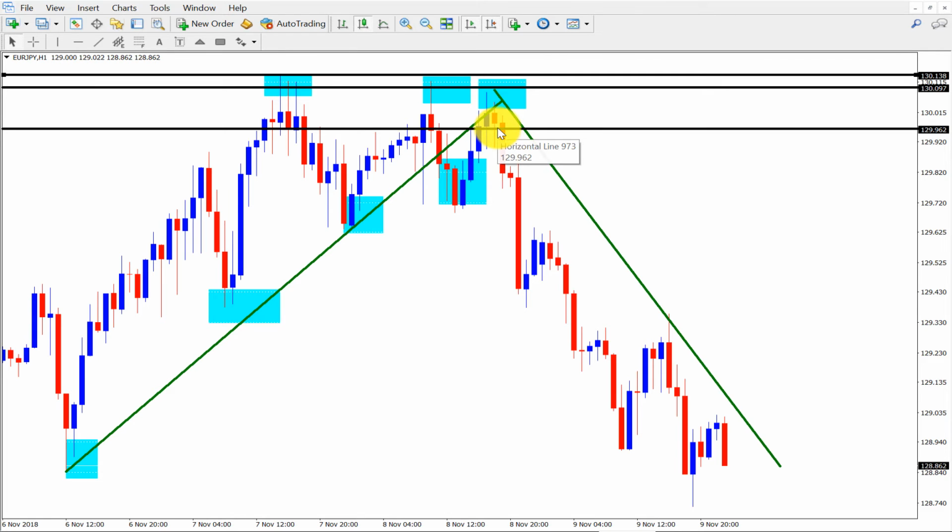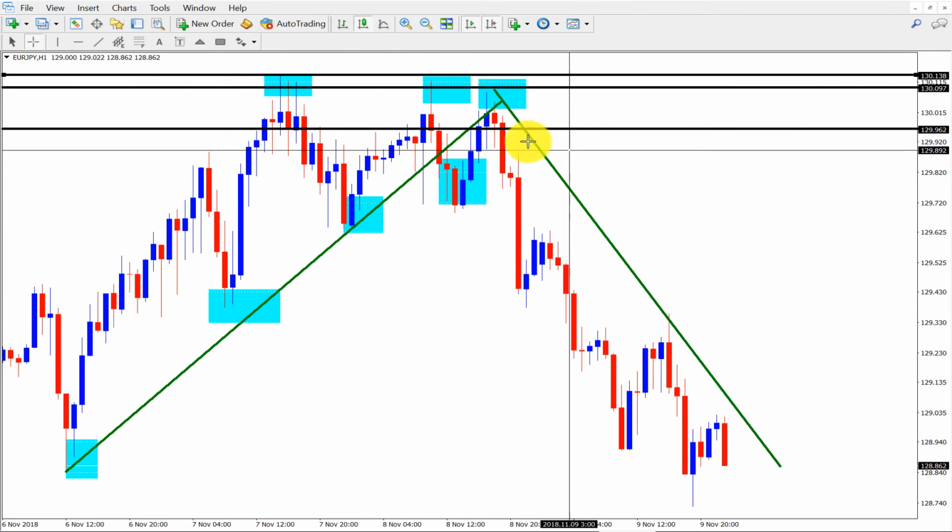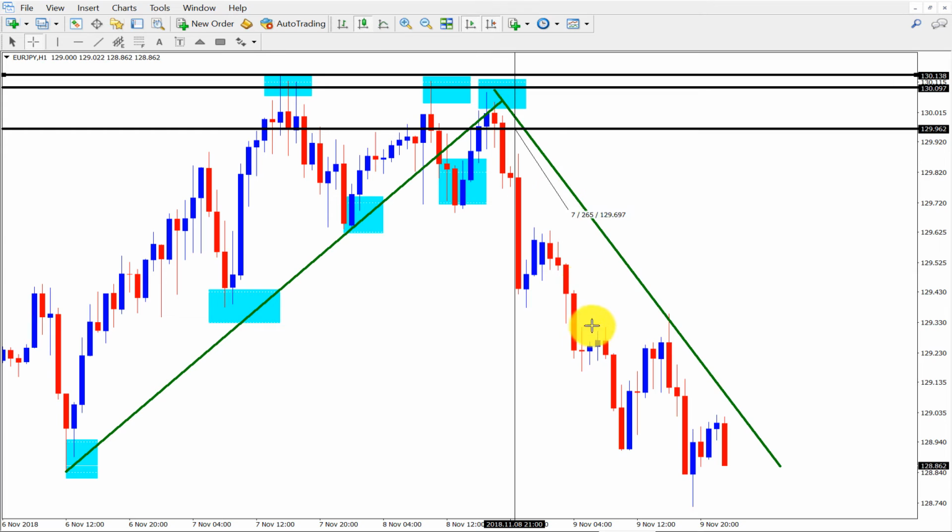So if we sold this area again, then we could make another strong movement, more than 116 pips. So when price breaks this trend line, we will only look for short setups. First time we can sell here, second time we can sell here.